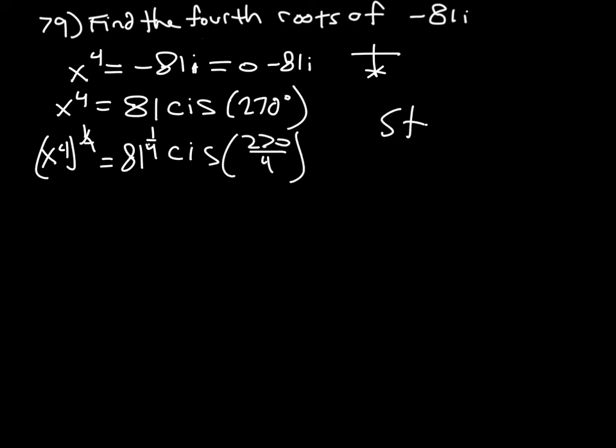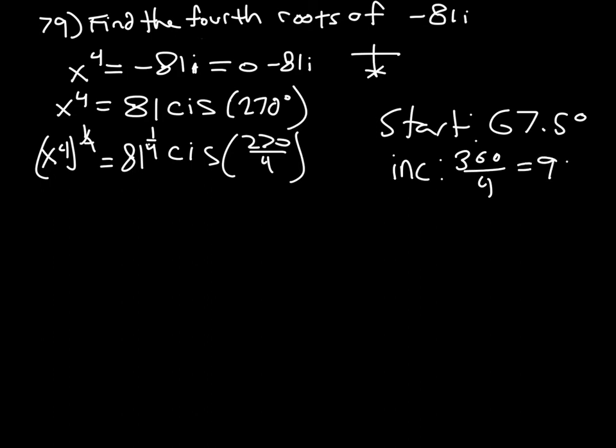All right, that gives me my starting angle of 67.5 degrees and an increase of 360 over 4, so all the way around the circle, 4 answers, so an increase of 90 degrees.